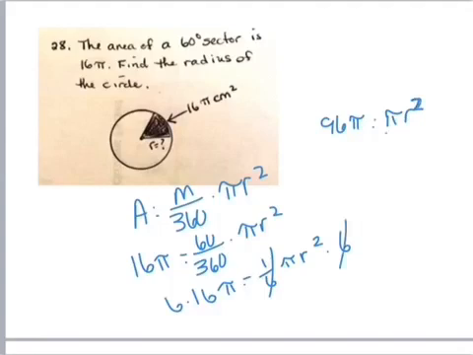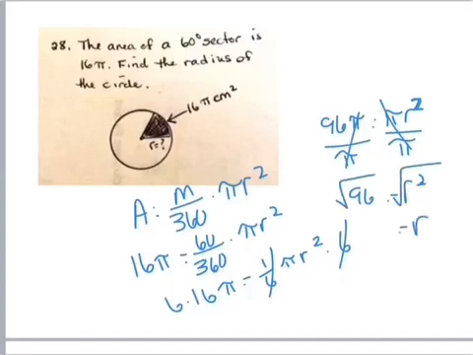And now if I divide by pi, I get that r squared equals 96, and I can take the square root of both sides and get that in decimal. If I take the square root of 96, I get 9.8. And that would have been centimeters because it was a linear unit.